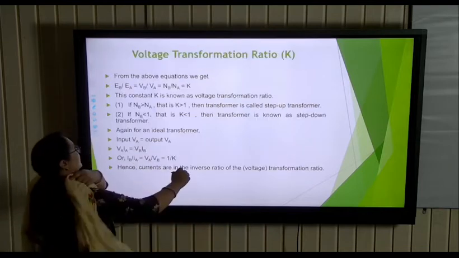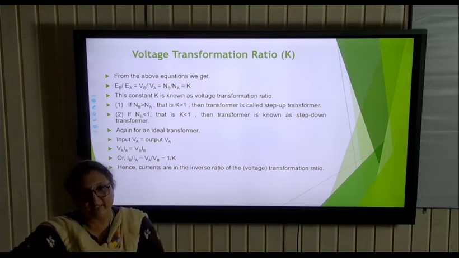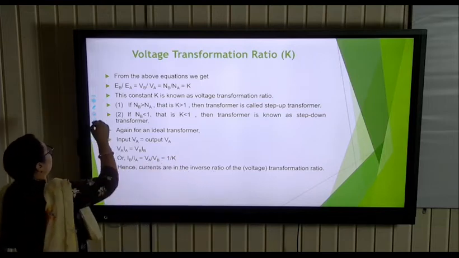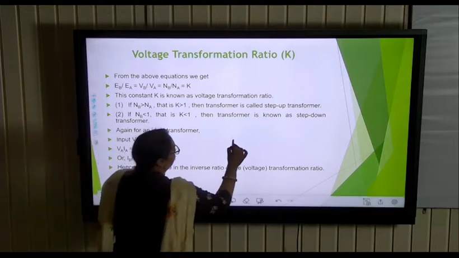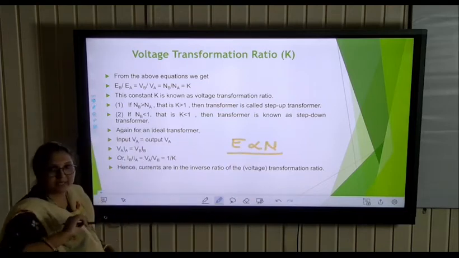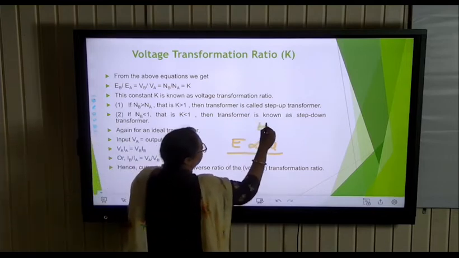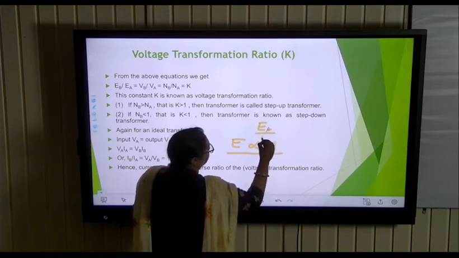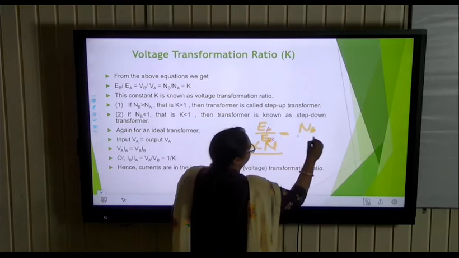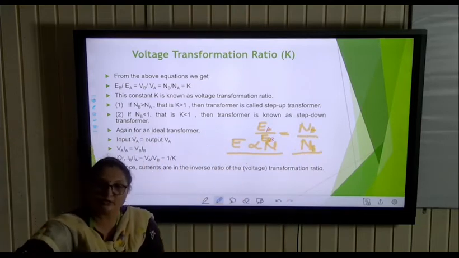Okay. Now let us discuss the transformation ratio. As you have seen, Na and Nb are the numbers of turns, and we have derived the EMF equation, and in that EMF equation we have seen that E is directly proportional to the number of turns. So based on this concept I can write EA upon EB is equal to Na upon Nb, primary number of turns to secondary number of turns.